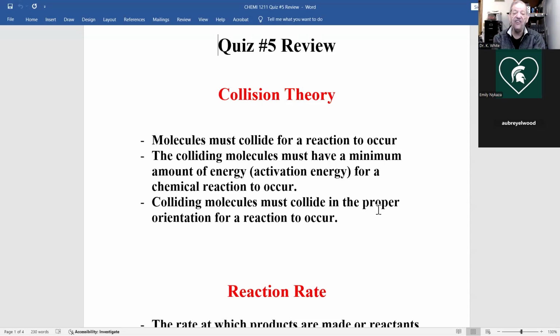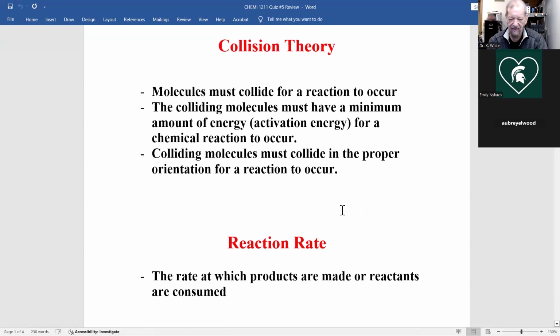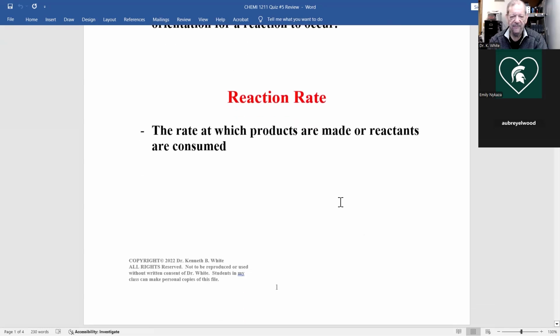It's called the activation energy for a reaction to occur. And finally, for certain molecules, the orientation must be correct. Sort of like putting the key in a lock. If you have it upside down, it won't work. At least mine don't.